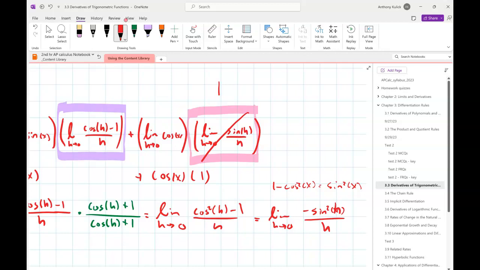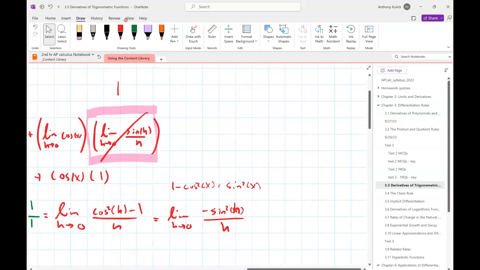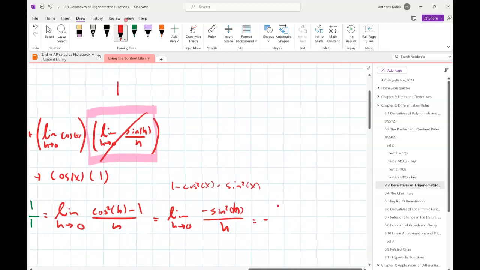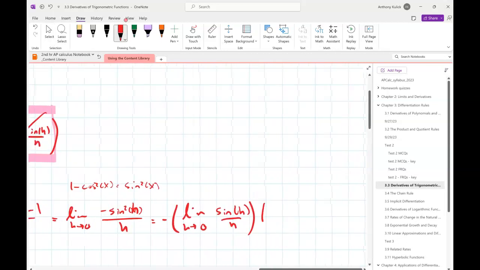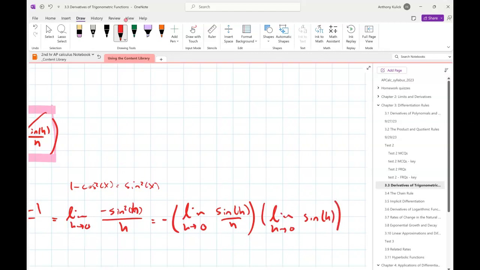So that's going to be negative, the limit as h approaches 0 of sine h over h times the limit as h approaches 0 of sine h, right?